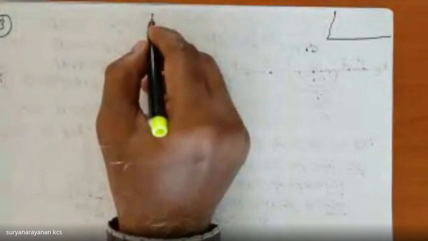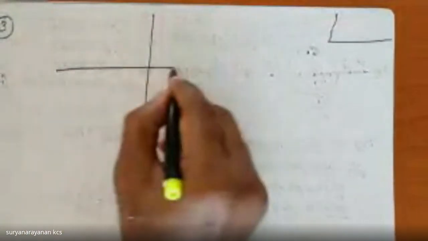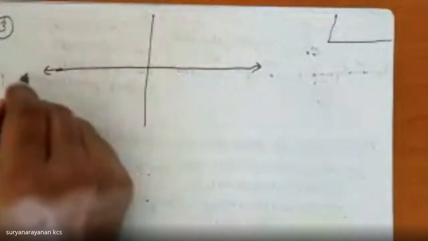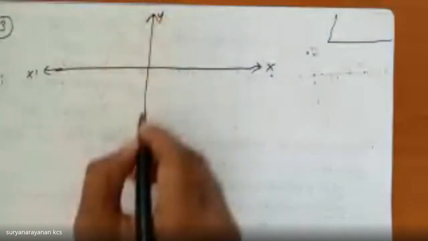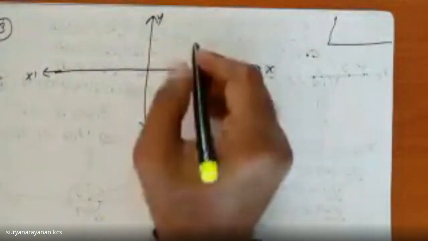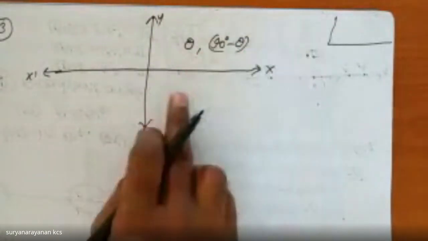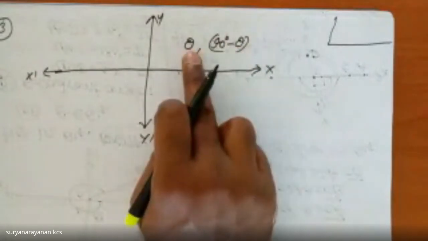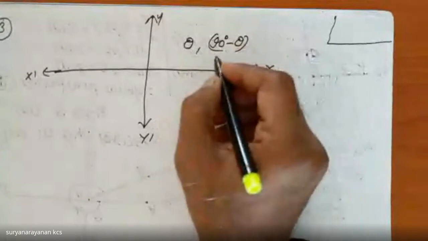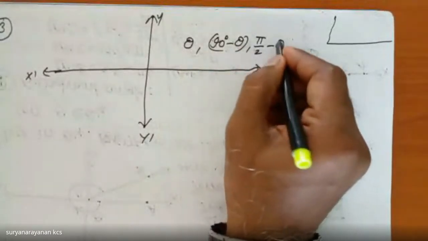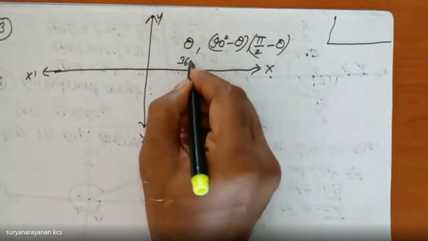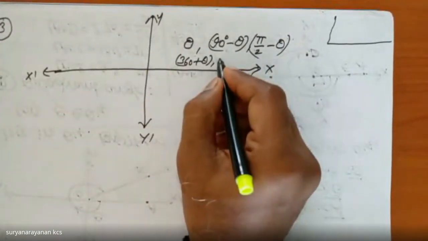Next. In the first quadrant, the angles will be in the form of theta, or 90 degrees minus theta, or pi by 2 minus theta, or 360 degrees plus theta, or 2 pi plus theta.